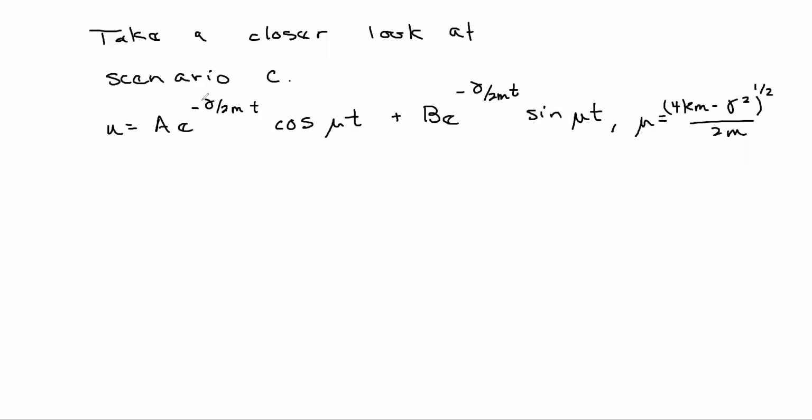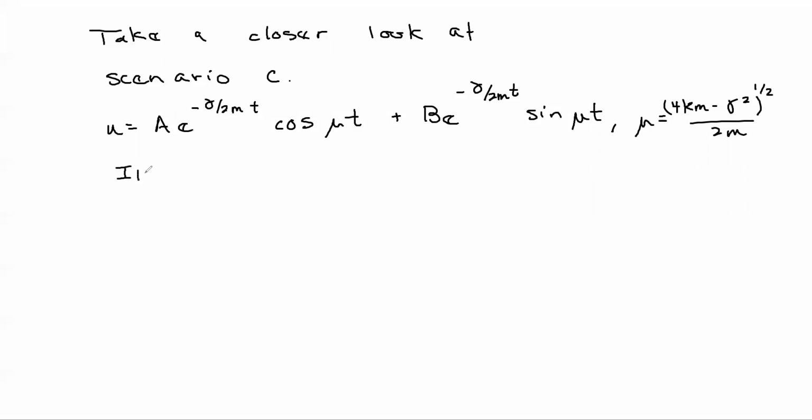Okay, so what we're going to do with this scenario C is, because we have these cosines and sines, we want to do the exact same thing that we did with the previous situation where we had the oscillations, and get this down so that we only have a single trig function. Then we can make some commentary on what the motion is going to look like.